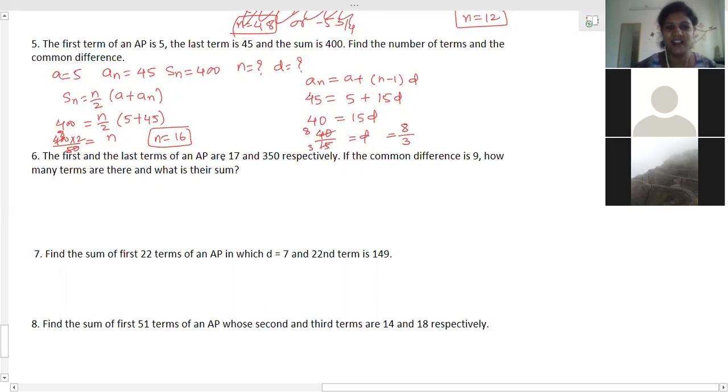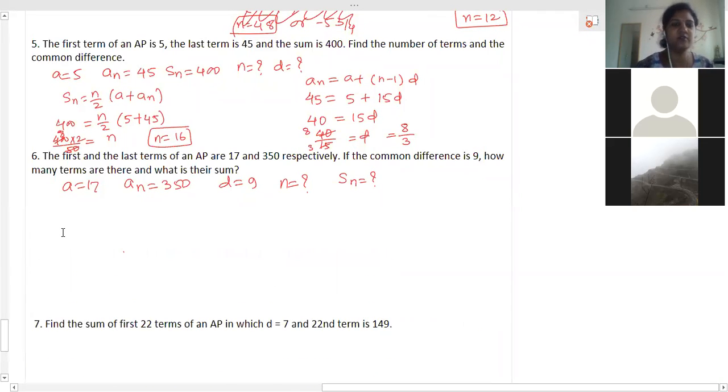The first and the last terms are given. First term is 7. Last term, that means an, is 350. Find the common difference; the common difference is 9, so d is equal to 9. How many terms are there? That means you have to calculate the n value, and then the sum. Use the formula: an is equal to a plus n minus 1 into d.